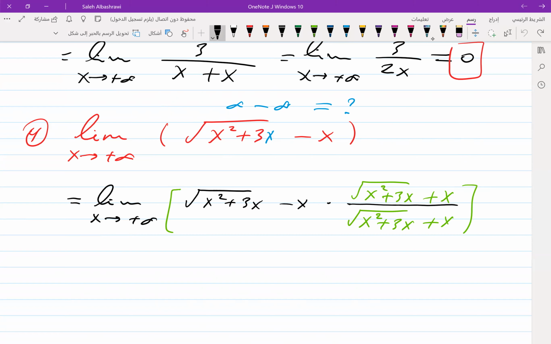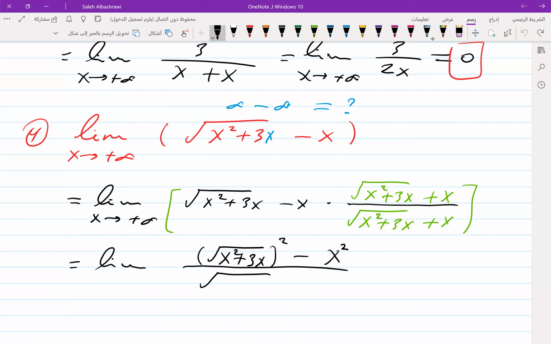Multiply and simplify. I will have limit of the first one squared minus x squared, the second term squared, so it is square root of x squared plus 3x all squared, divided by square root of x squared plus 3x plus x, as x goes to plus infinity.